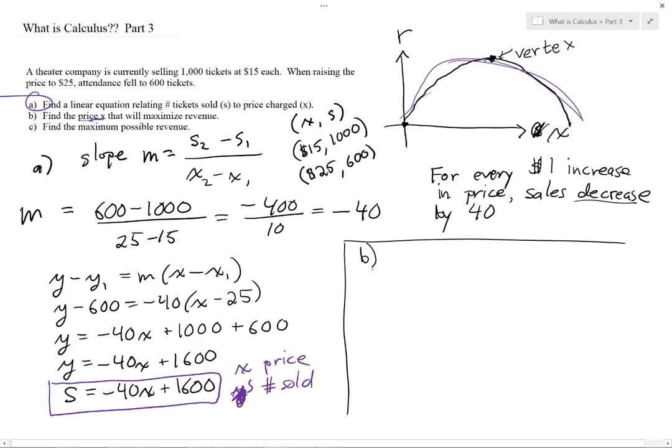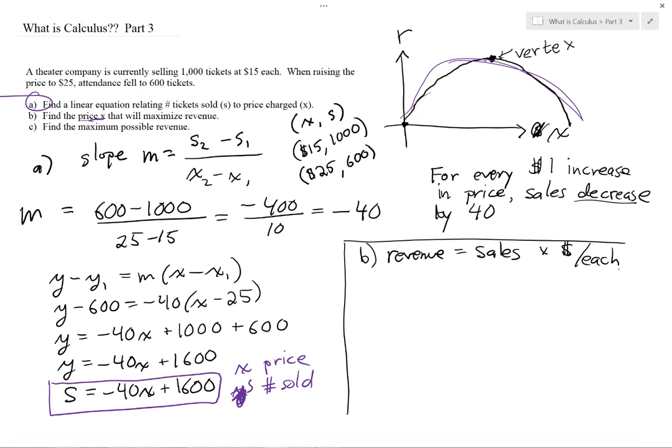Let's think about what revenue is. Revenue is the number of products you sell times the money that you take in for each product.